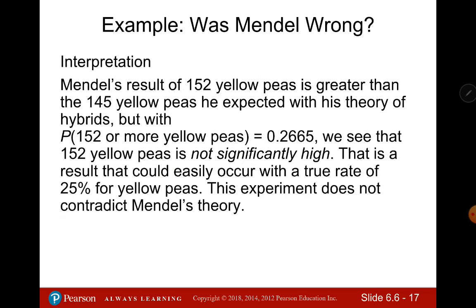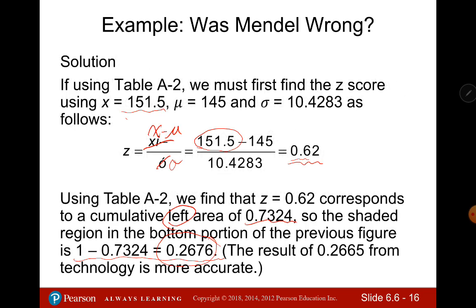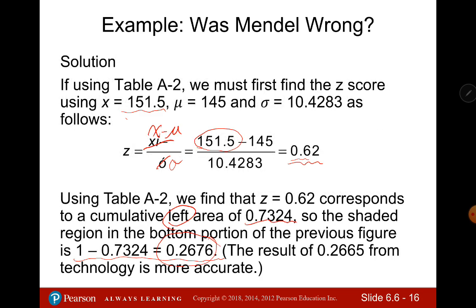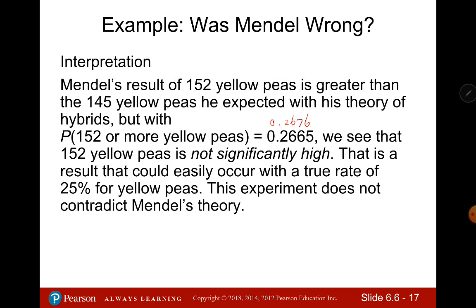Then we check the interpretation. This value is from the table, so if we use the table, we will get 0.2676. We see that this probability is not less than or equal to 0.05, so we can conclude this 152 is not significantly high.